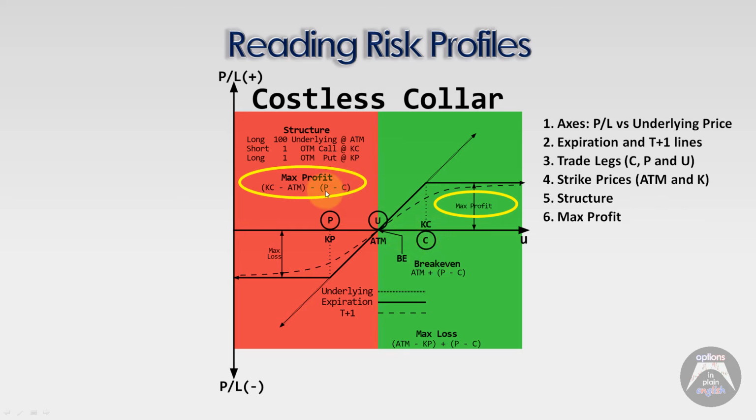So it's important to notice here that when we talk about at the money, KC and KP, we're talking about strike prices, and when we reference P's or C's or U's, it means the actual prices or the premiums or cost of those options or of that underlying. So these are strike prices. These are how much it costs.